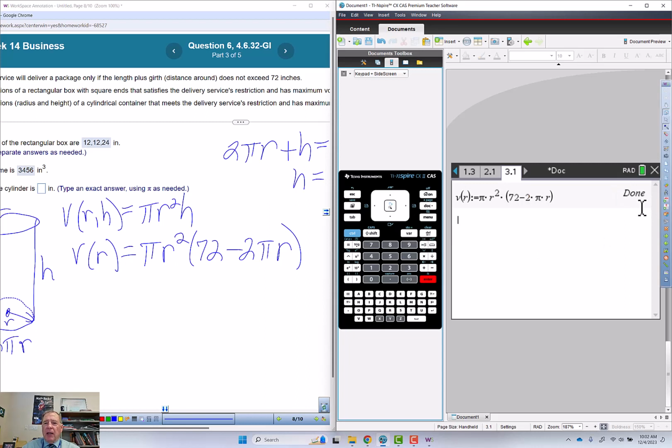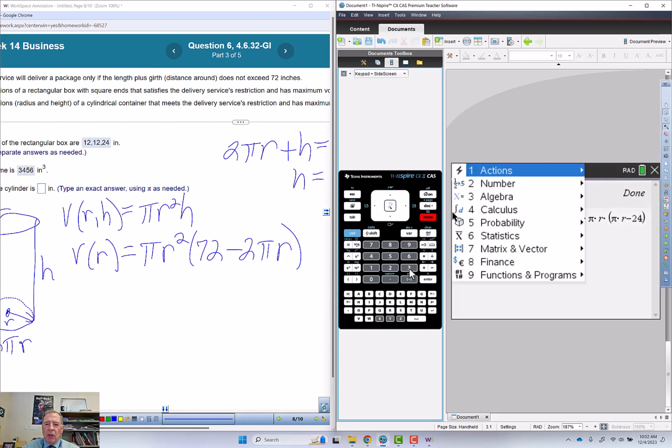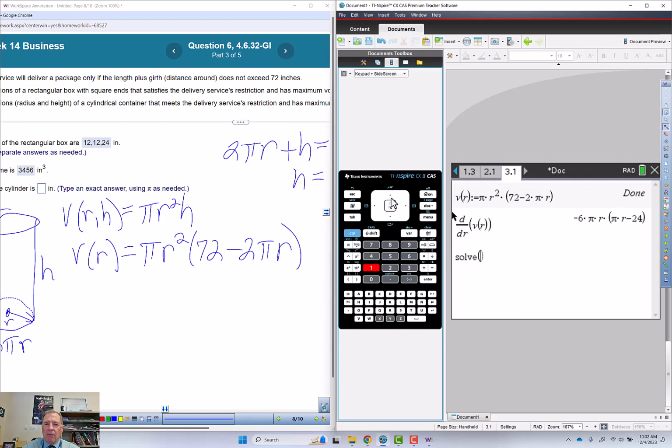So it says done, and I'm going to get the derivative of that, shift minus, now my variable, remember, is r, so I'm going to put in r, tab, v of r. So there's my derivative, menu 3, solve, grab my derivative, set it equal to 0, and solve for radius.